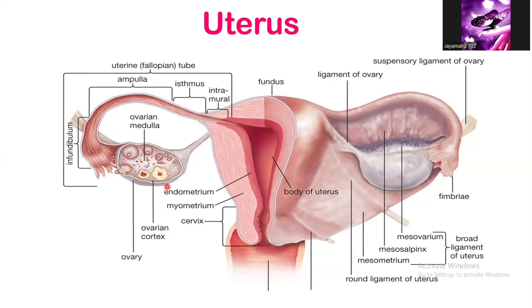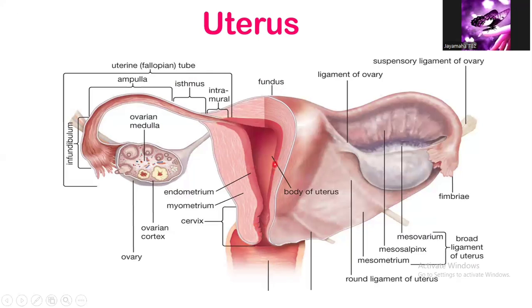Now let's see the structure of the uterus. It has four main parts. This is the fundus, this is the body of the uterus, here is the isthmus, and this is the cervix. The fundus is a dome-shaped upper part located above the opening of the fallopian tube. This is the body.